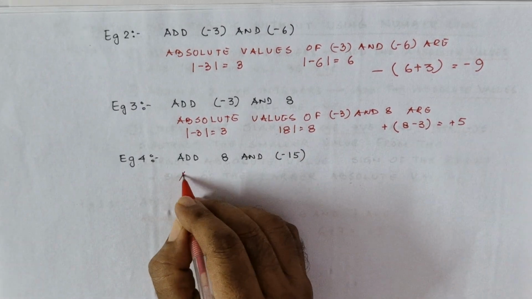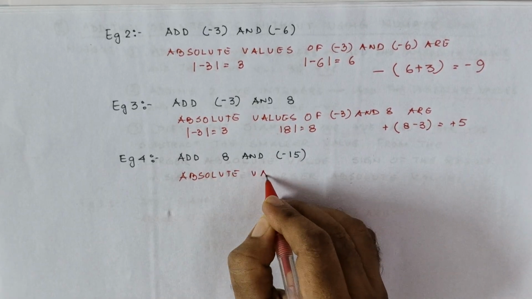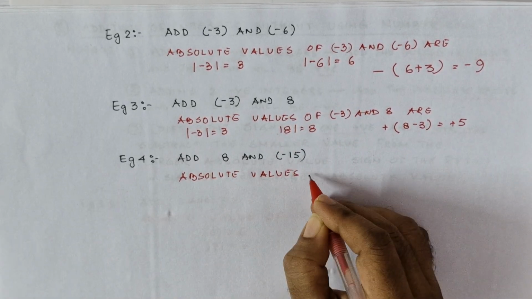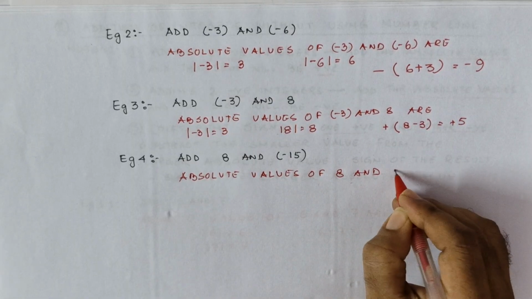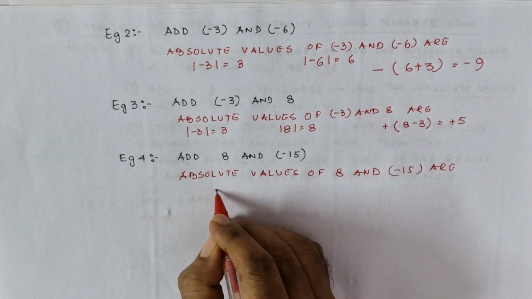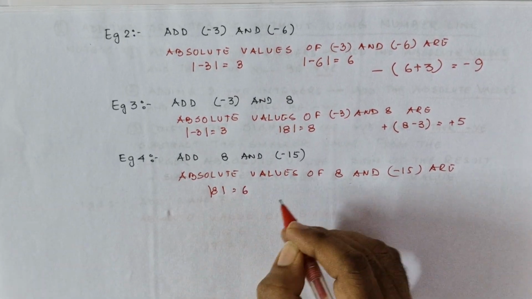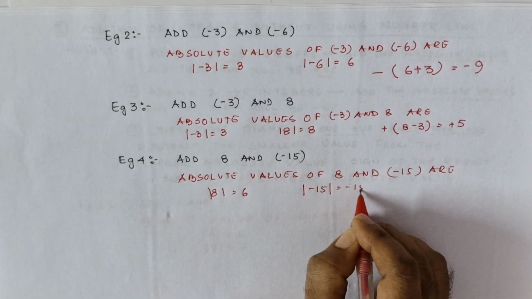The absolute values of 8 and minus 15 are 8 and 15.